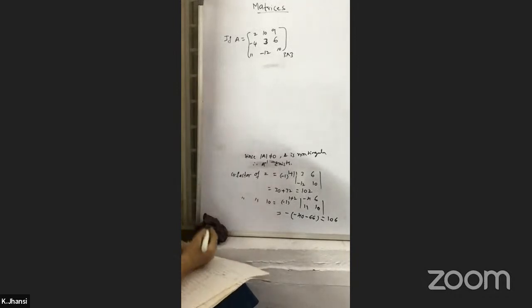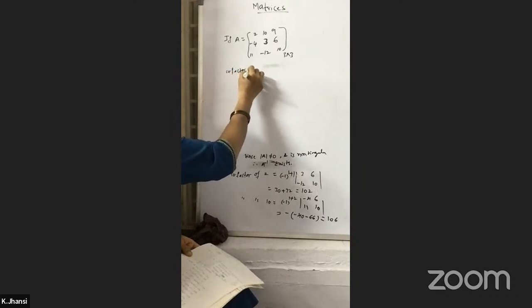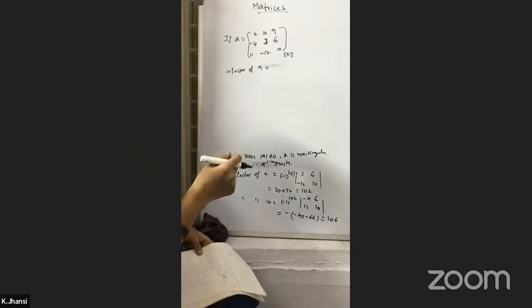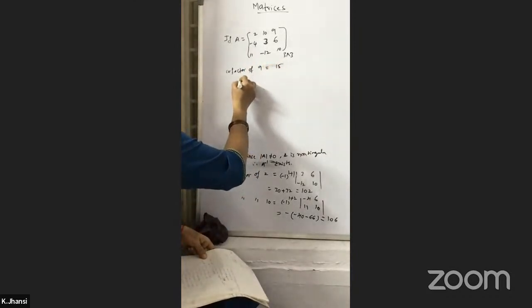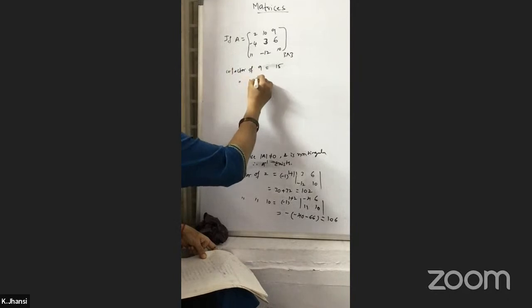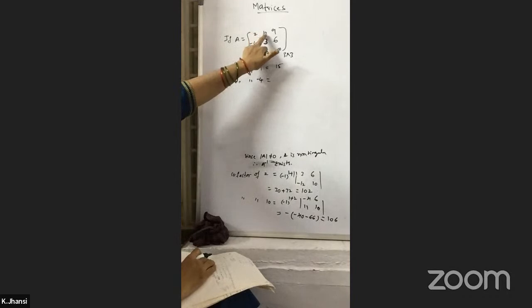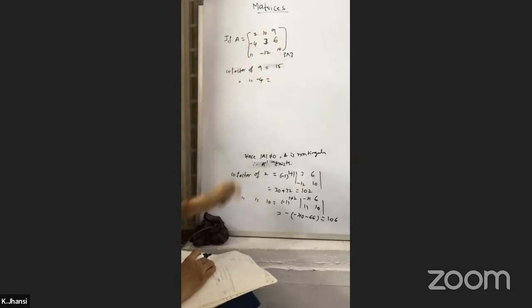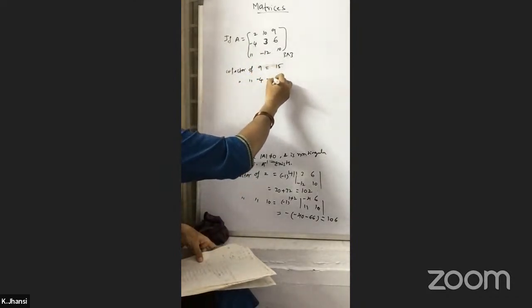Next, cofactor of 9. Okay, I am writing direct answers, try to solve them. Cofactor of 9 you will get as 15. Next, cofactor of minus 4. For this element minus 4, the remaining elements are 2, 10, 11, and minus 12, and already a negative sign is there, so we'll get a negative sign here, and the answer is minus 208.